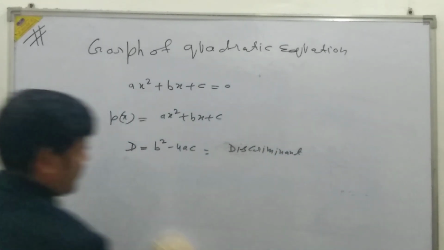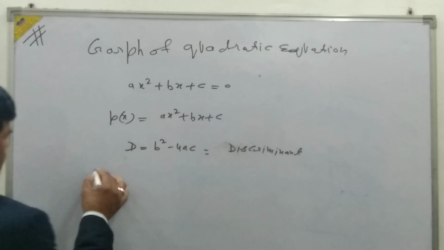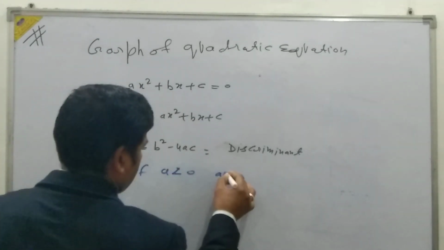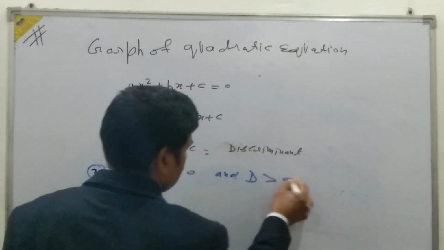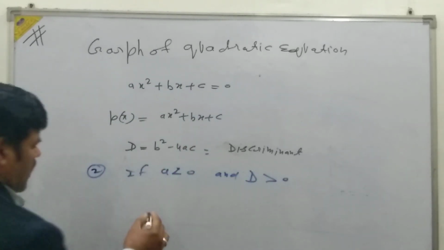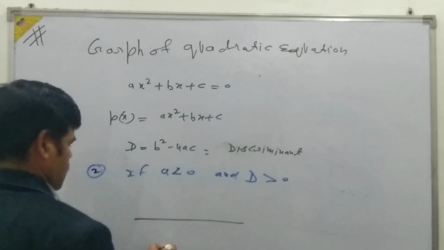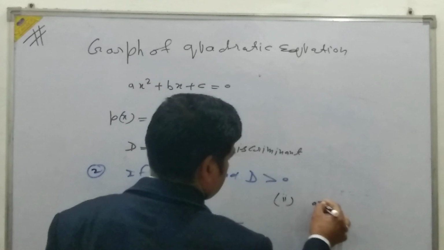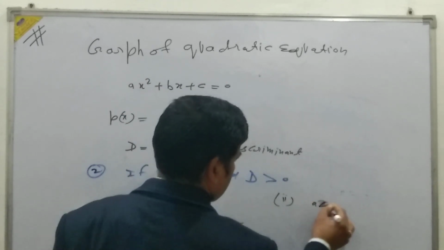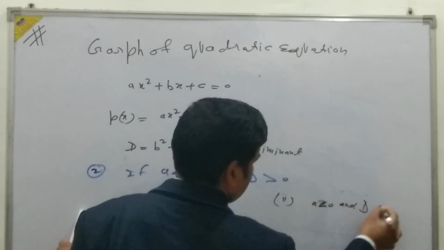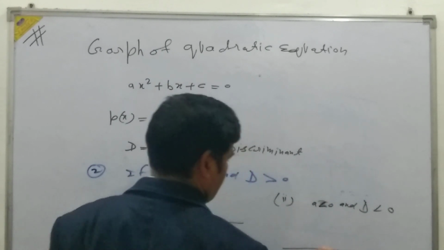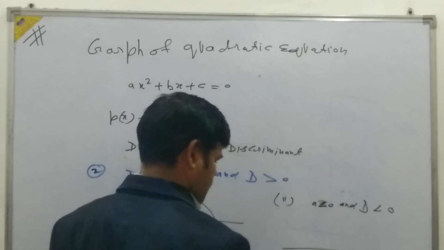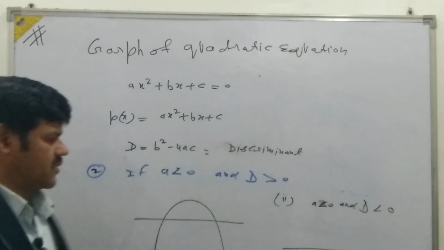Now, if a is less than 0 and D is greater than 0, the graph will be a downward parabola like this. If a is less than 0 and D is less than 0, the graph will be below the x-axis.